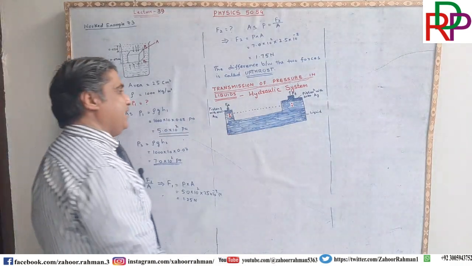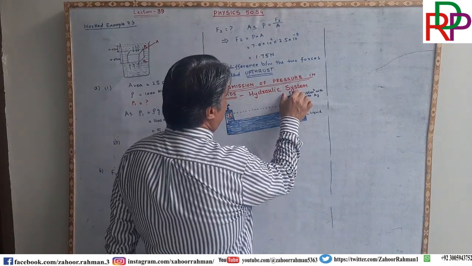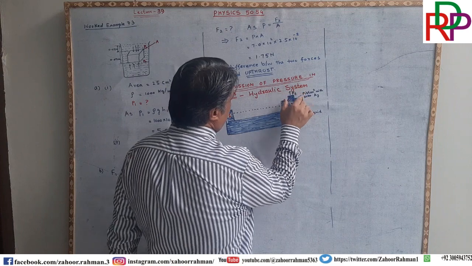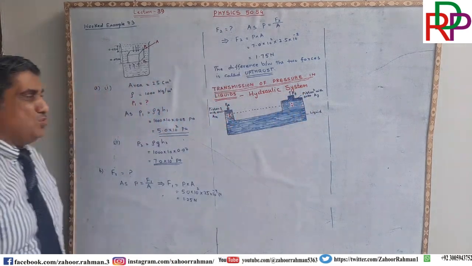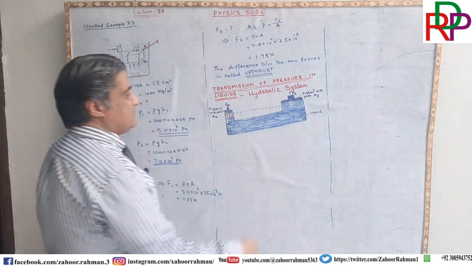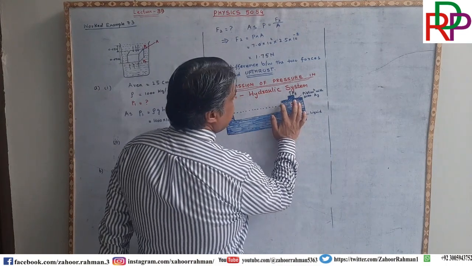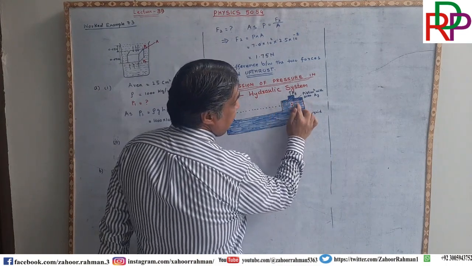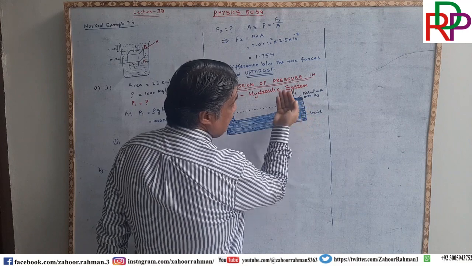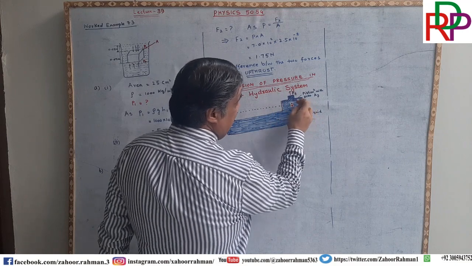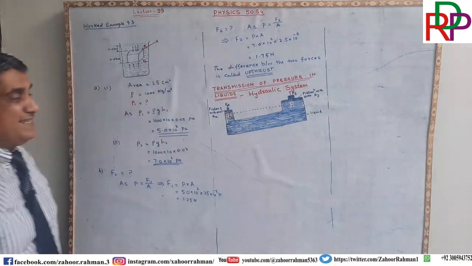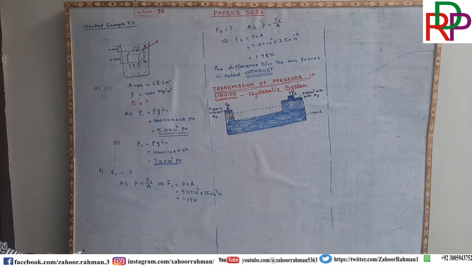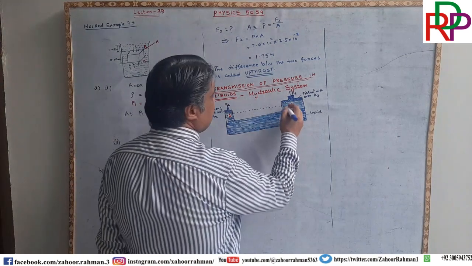And if we are putting a heavy object above the piston number 2, because here and at all the places there will be pressure, and because the area of piston number 2 is larger, there will be a larger force.